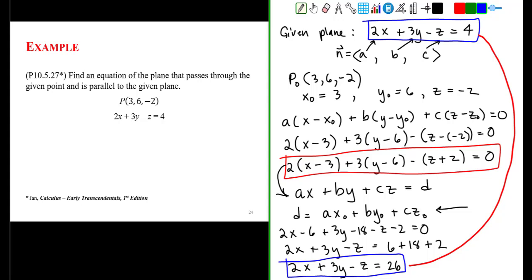But notice what's different: the quantity on the right side, that constant. In the plane we were given, the constant was 4. The plane we just generated the equation for, the constant is 26. Since these two planes differ only by a constant, we know that these planes are indeed parallel to each other, where one is above the other plane, separated by some distance.